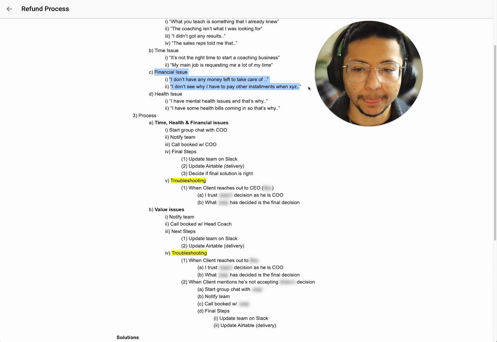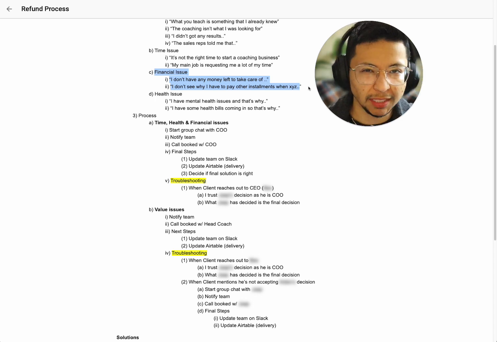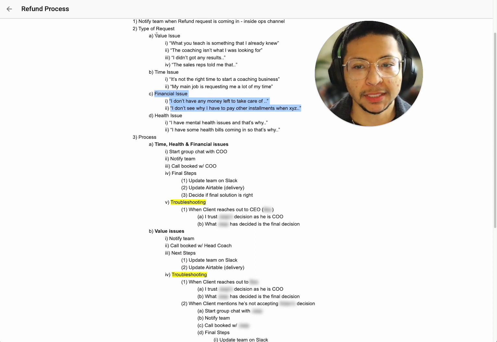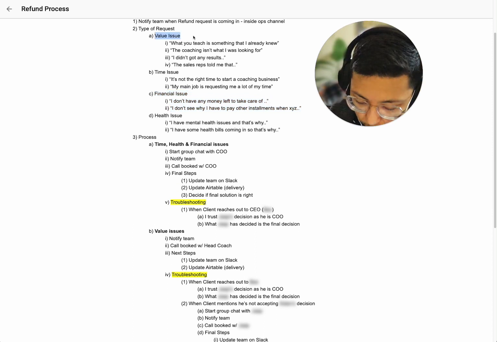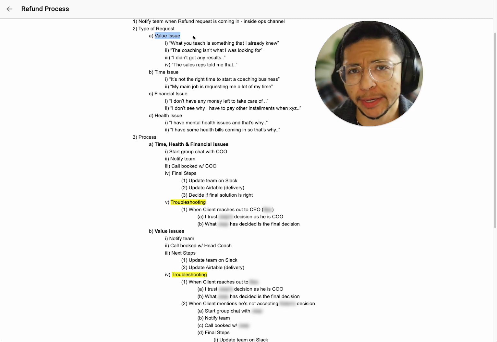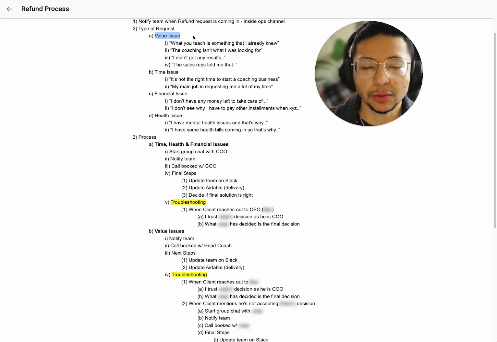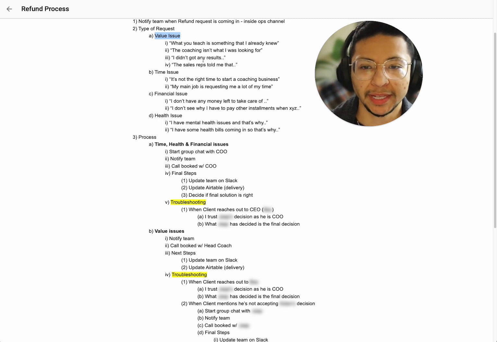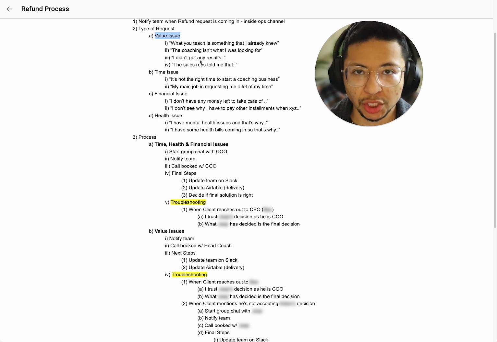Before I move on to the health issue, because that's pretty self-explanatory, it's important to recognize how these money issues can sometimes tie back to the value issue. That's why it's really important, especially if you're just a coach, or you're part of another person's organization as an operator, maybe your role is fulfillment, or managing client sentiment, or the community, that you are always prioritizing the relationship and getting your clients to understand that this is a journey, there is a process.